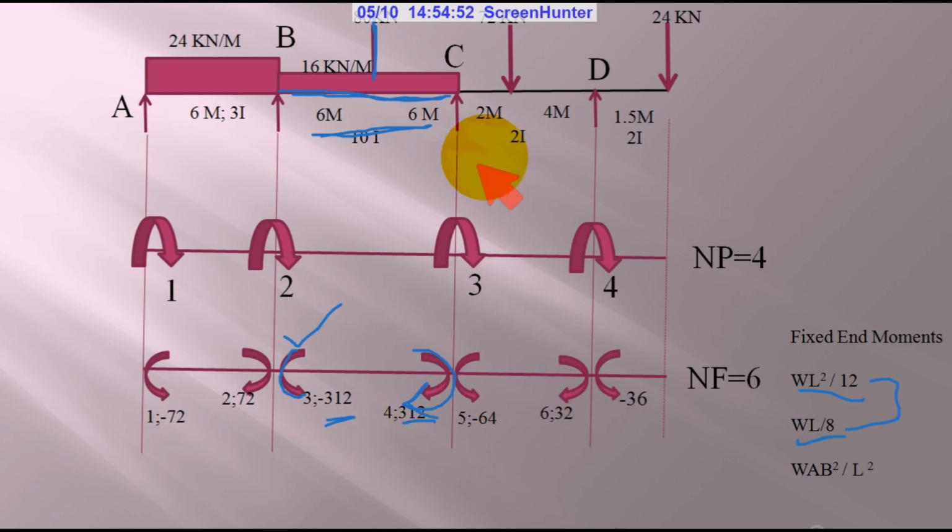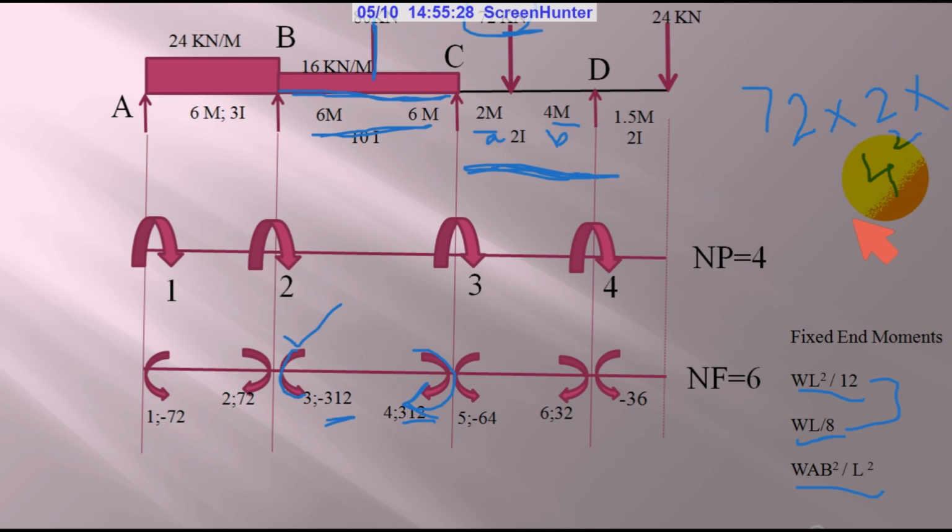The same way for this span CD, you have to calculate fixed end moments, but this time only concentrated load is acting, and that is not at the center, it is eccentric, 2 meters and 4 meters, total span is 6 meters. So WAB square upon L square, W that is 72 multiplied by A, that is 2, I am abbreviating it as A, and this will be B. So WAB square, that is 4 square divided by L square, L is 6.